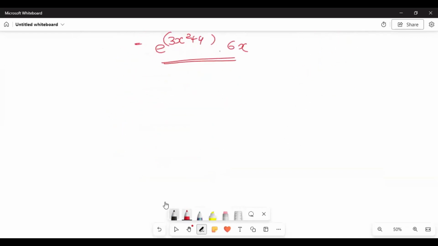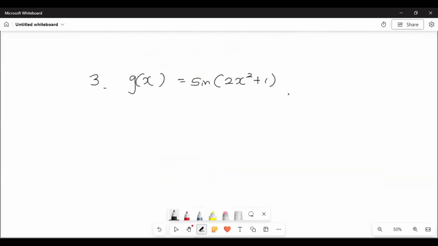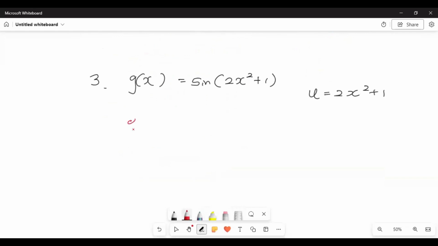Okay, question number 3. g(x) equals sin(2x to the power of 2 plus 1). So we can assume u equals x to the power of 2 plus 1. g(x) equals sin of 2u. So g'(x) is going to be cos of 2u times u'.